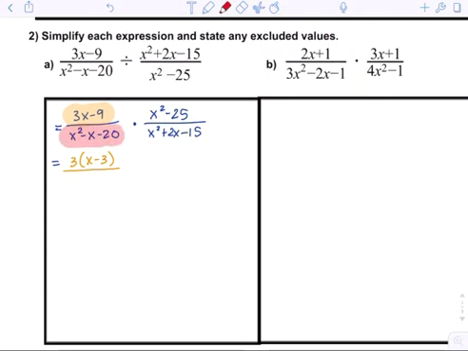Okay, this one, I see it's a trinomial, so let's factor out that trinomial into its two binomials. Two things that multiply to negative 20, but when added give you negative 1x. That is going to be negative 5 and positive 4.